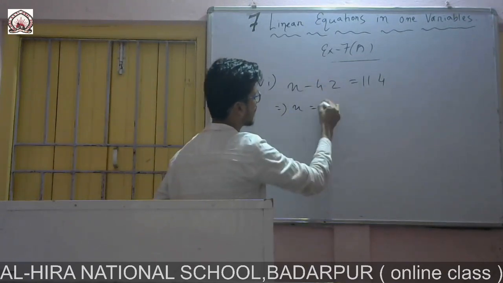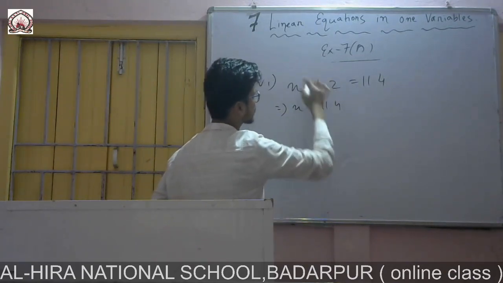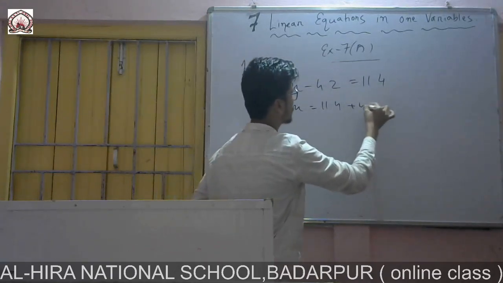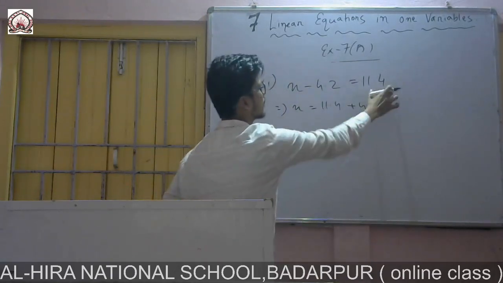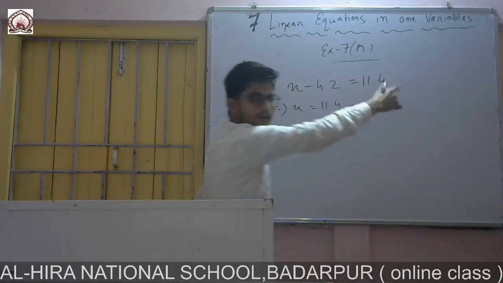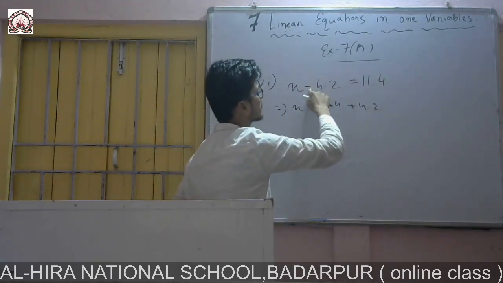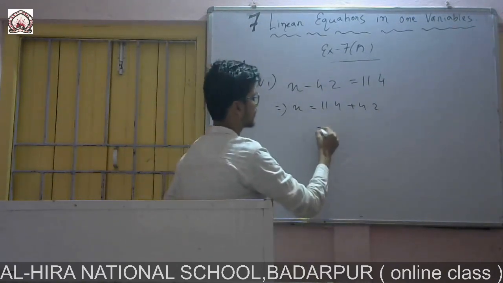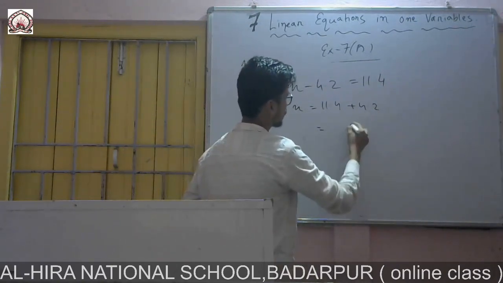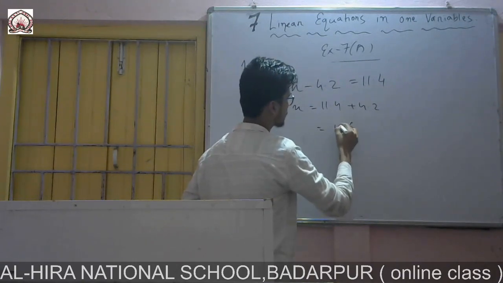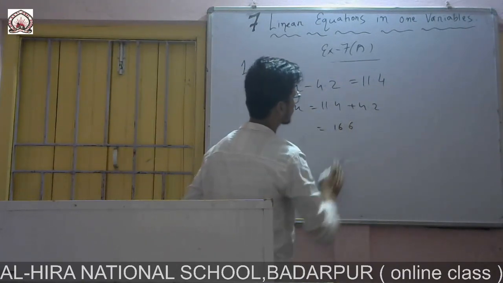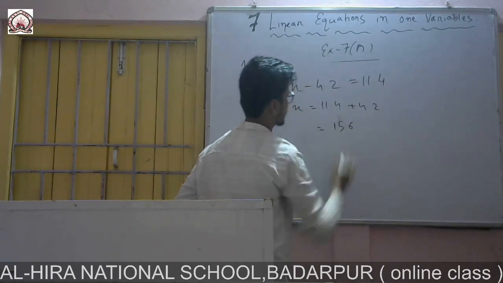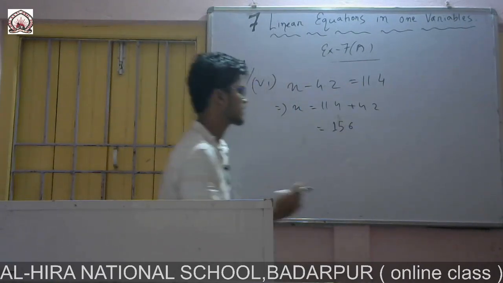First of all I will write that side, 11.4. I have to transpose this term, minus 4.2. If I transpose, it will be plus 4.2 because I have to change the sign. If the side changes, the sign will change. It is minus, so I will write plus 4.2. So if I solve this one, 4, 5, 6 and 11 plus 4 is 15. 15.6. The answer is 15.6.